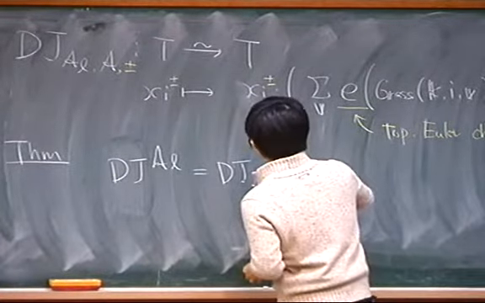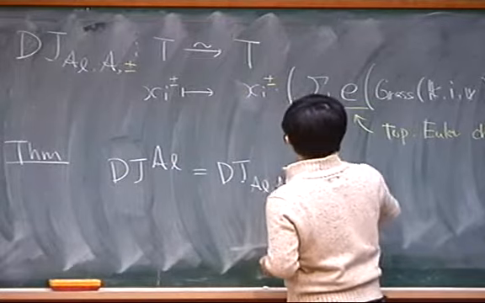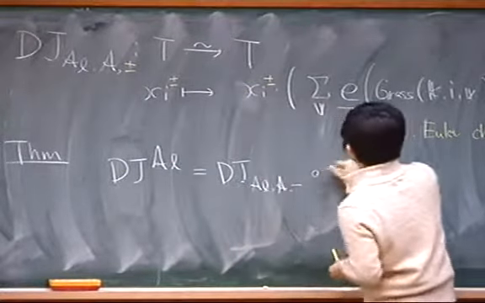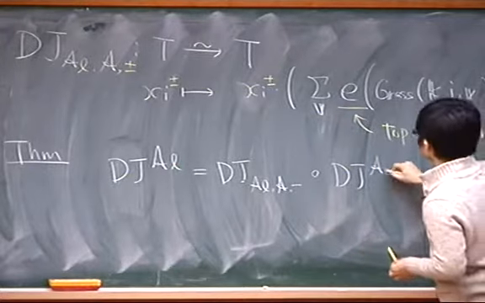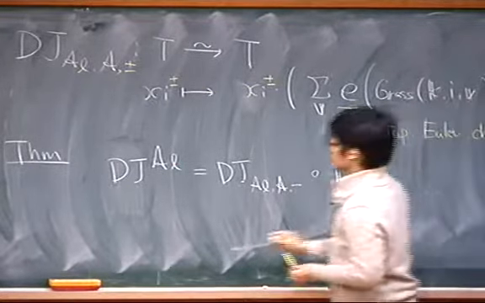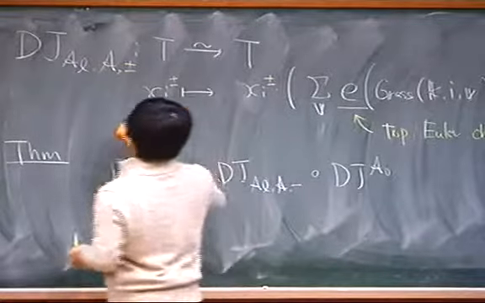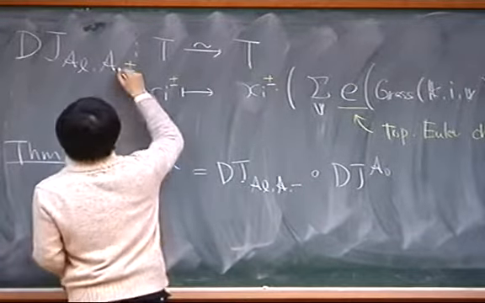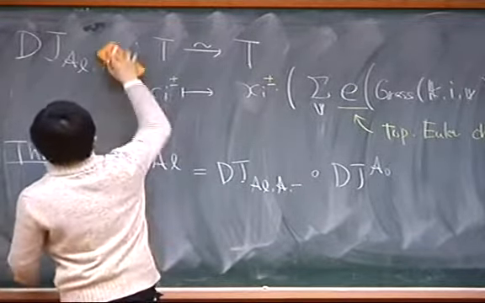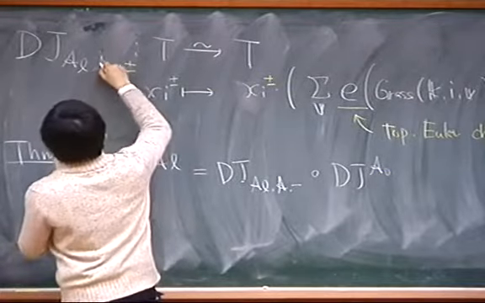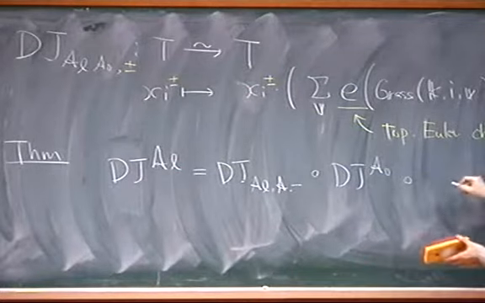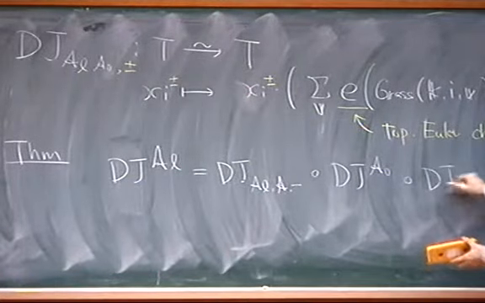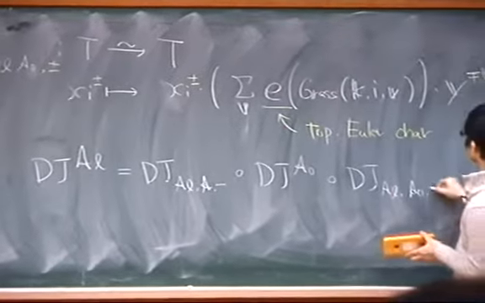So the theorem is the transformation formula for DT invariants between, maybe here I should write 0, A0 is the original t-structure and AL is the final t-structure.